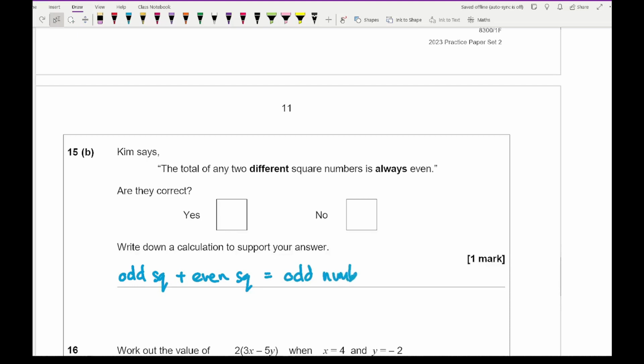As an example, I could say 25 plus 16 equals 41, which is odd. So is Kim correct? No, they are not.